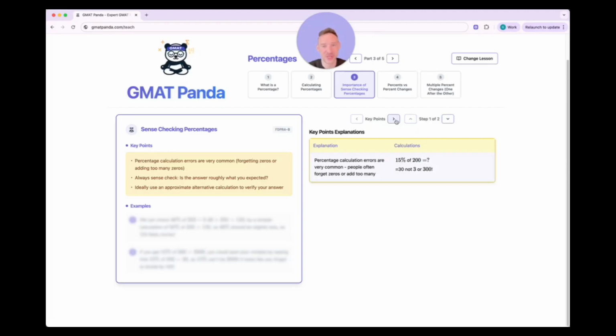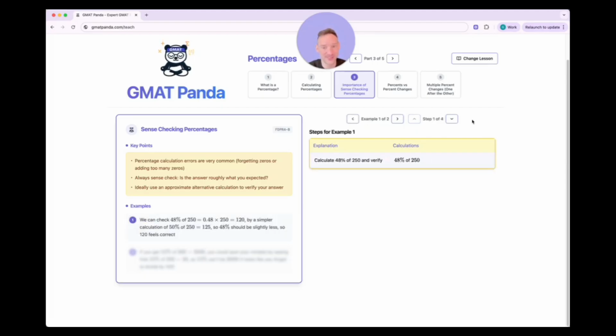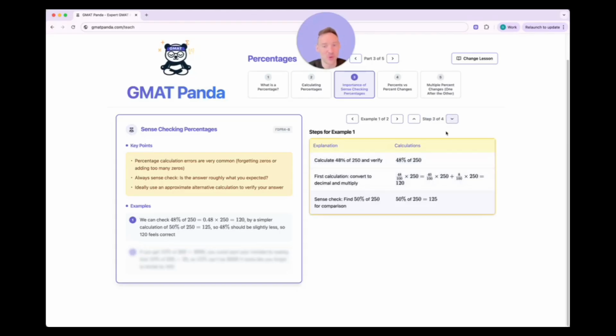Let's see another example. Let's say that we're calculating 48% of 250. Now, the result of that is 120. I'm not going to go into the detail of what's the best way of calculating that. That's for another section.